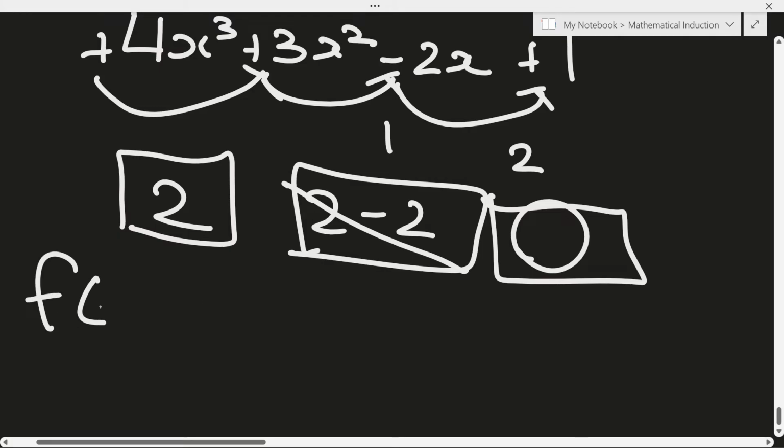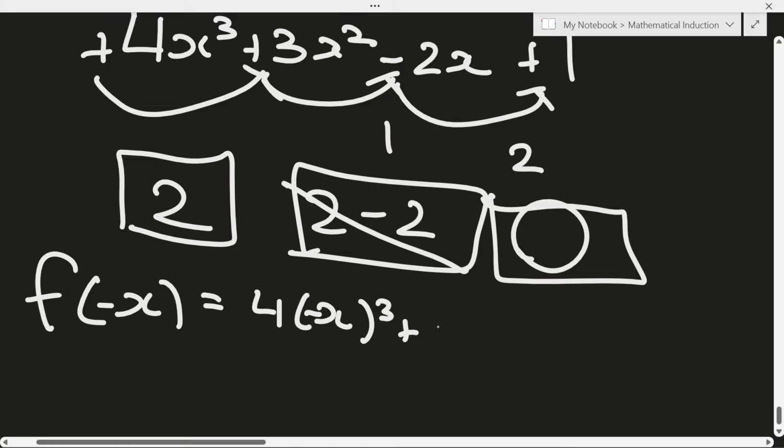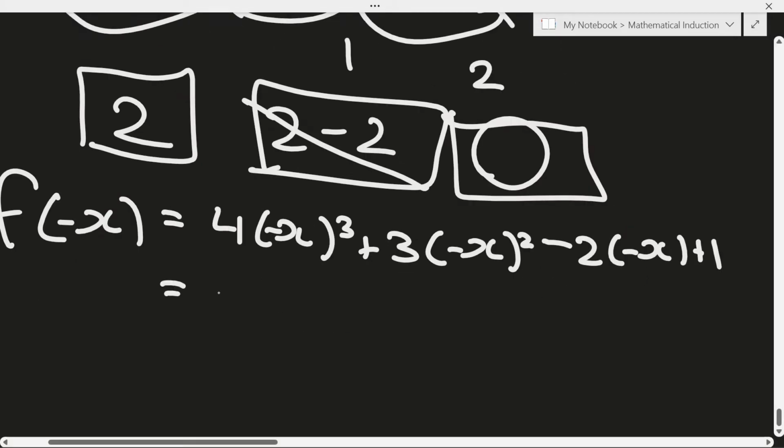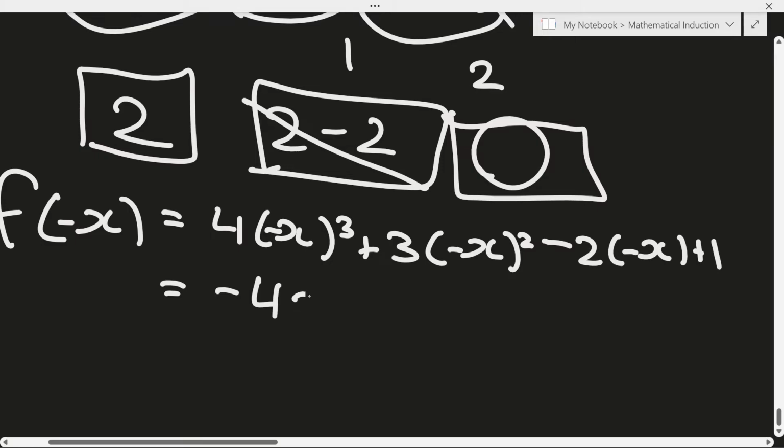So let's say f of negative x. This is the version to get the negative roots. It is equal to 4 times minus x cubed plus 3 times minus x squared minus 2 times minus x plus 1, which is equal to minus 4x cubed, minus 3x.